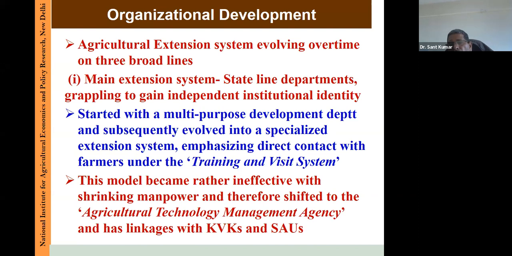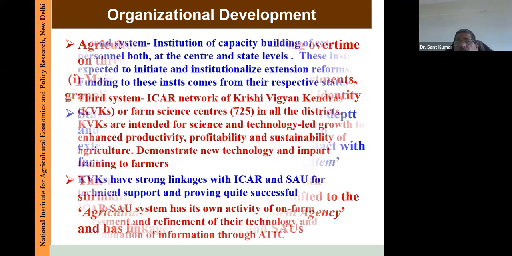But this model collapsed during the late 80s. It became ineffective with the shrinking manpower, and therefore it was shifted to the Agriculture Technology Management Agencies, which have a linkage with the Krishi Vigyan Kendra and the state agriculture university.